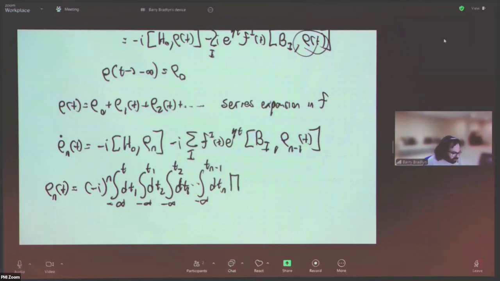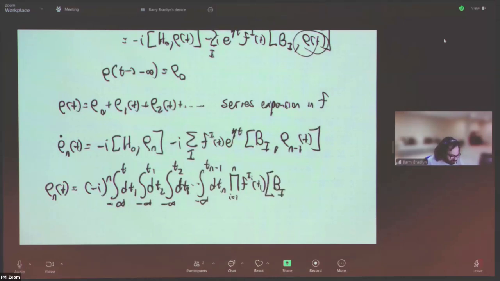We have a product over all of our perturbing fields. And then, well, when we have one commutator, we plug in another commutator into it, and we do this until we get down to rho naught.